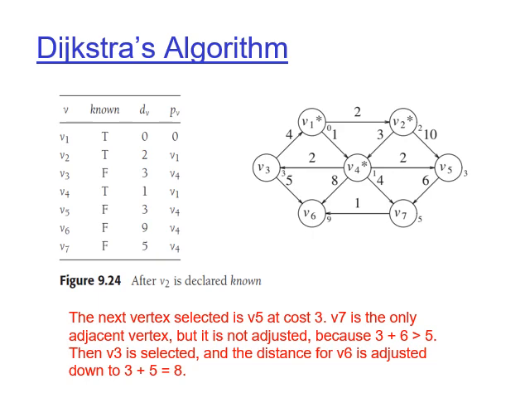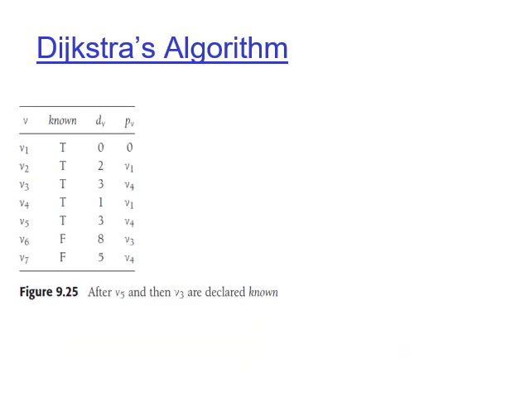From V3 to V6, the edge cost is 5, and the shortest path estimate from V1 to V3 is 3. So 3 plus 5 is 8. Is 8 better than 9? 9 is the current estimate of the shortest path from V1 to V6. Is 9 better than 8? No, obviously. So we should adjust the shortest path weight estimate of V6.